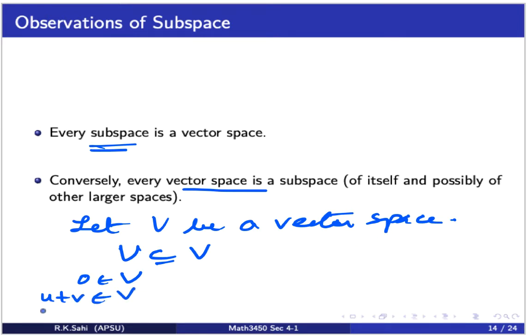And if I have alpha, which is a scalar, alpha times U belongs to V. So clearly all four properties are already satisfied. So V is a subspace. So every vector space is a subspace and every subspace is a vector space. Let's now look at some concrete examples.